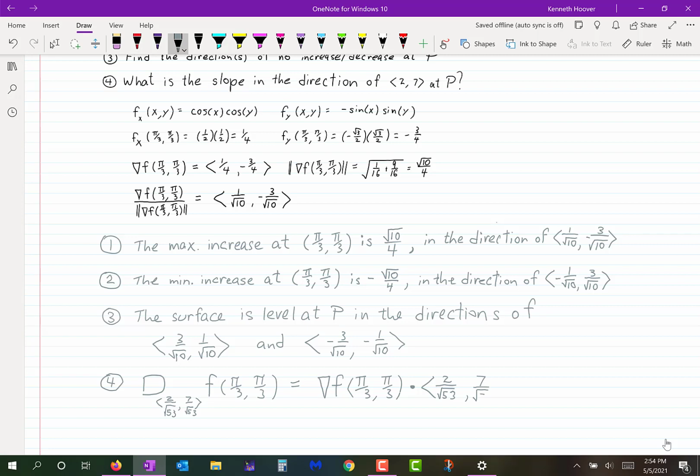Now let me tell you something about this, how I rescaled this to be a unit long. This part over here, it would have been okay to just leave that as the vector 2, 7. I'm not going to call that wrong.